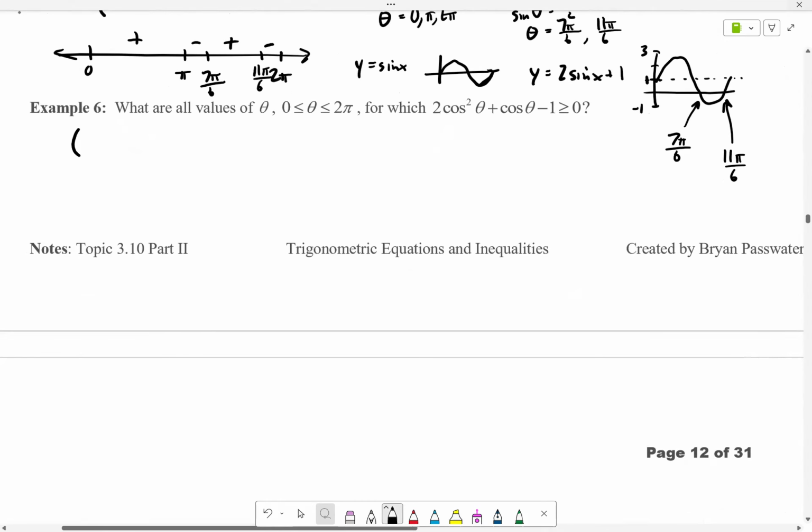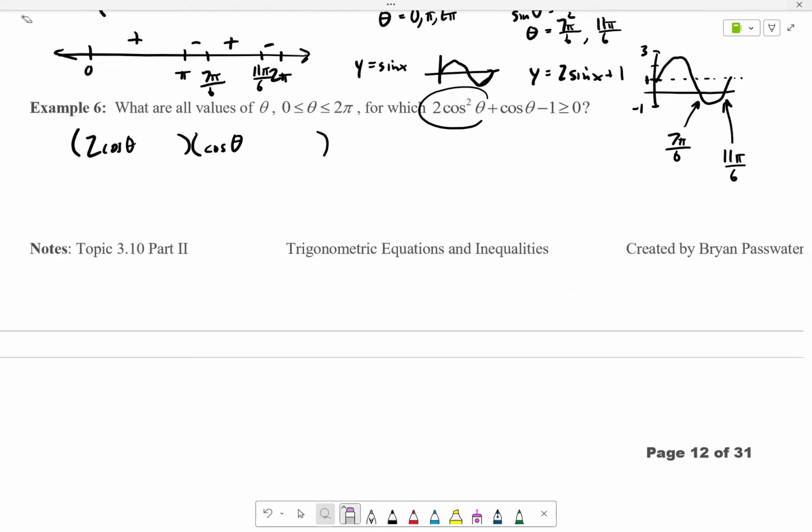Okay, to factor this, 2 cosine squared factors into 2 cosine theta times cosine theta. Do you have that? And if you did a substitution, that's fine. 1 factors into 1 and 1. And where does the plus go? It goes on the right.